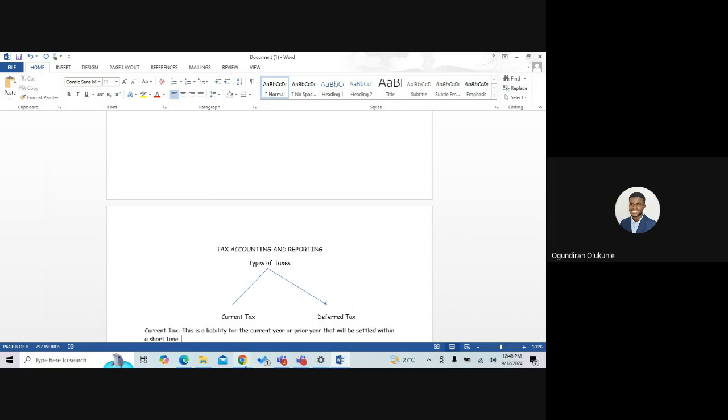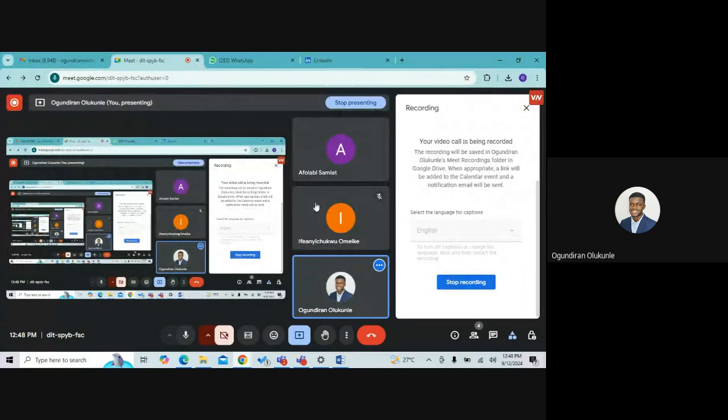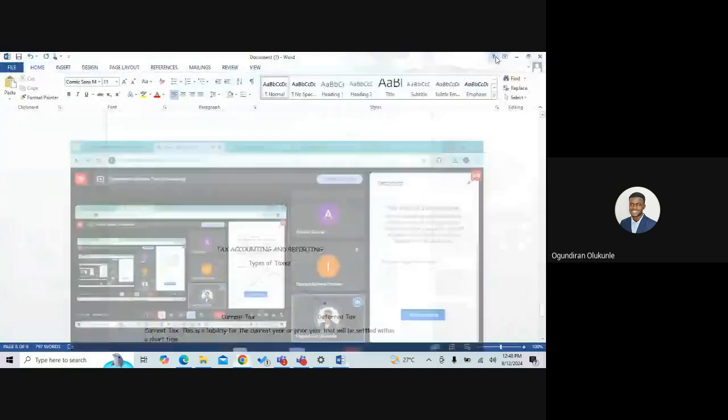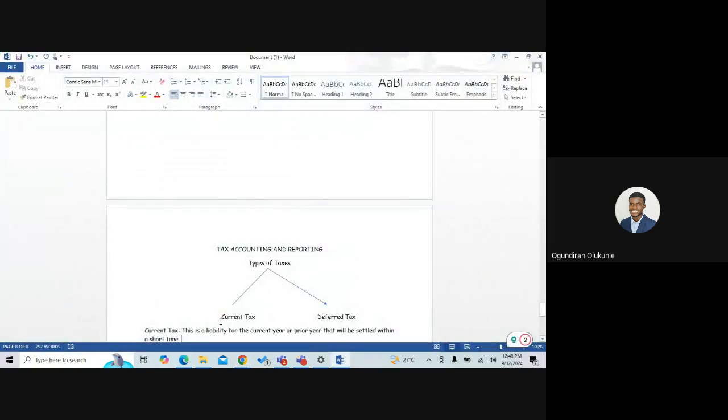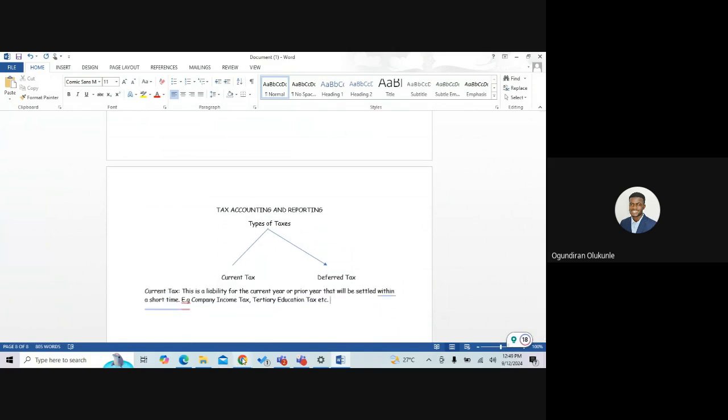That's just a simple way I can explain that. Examples of that: you have your company income tax, and you have a tertiary education tax. That is about current tax.